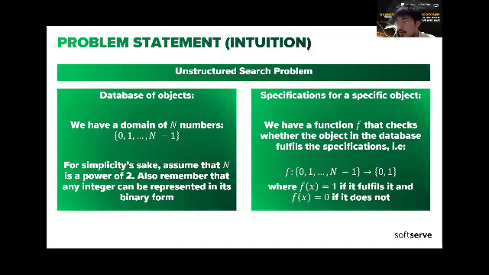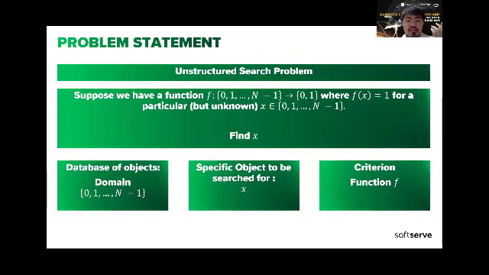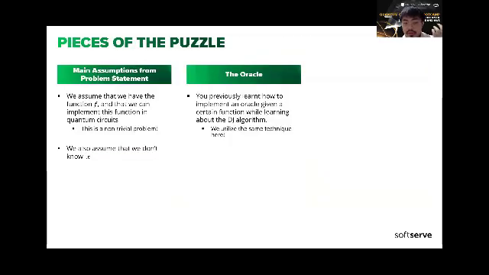This checking of the specifications is in classical form. One of the main assumptions that we made is that we have the function f and that we can implement this in quantum circuits.